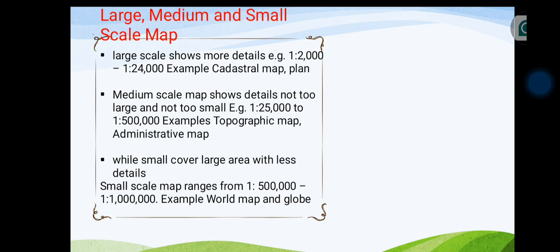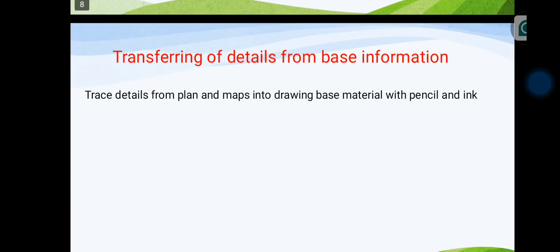And a good example of such map is a world map or globe or atlas. So those are good examples of small scale map, in the sense that it covers a very large area. Don't be confused with the figures you see. Just know that any map you pick and it covers a large area, that the area is so wide, note that that is a small scale map.